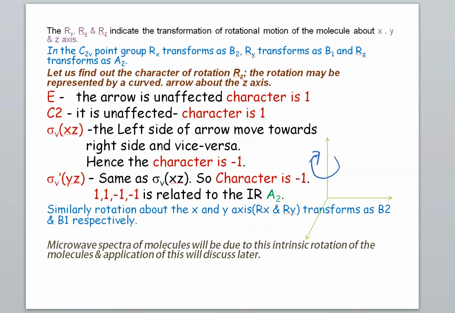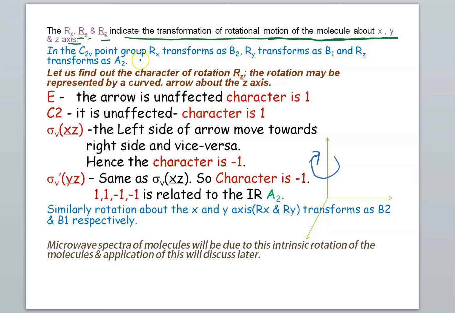Now another thing, in area 2 there are some terms, that is Rx, Ry, Rz, and they indicate the transformation of rotational motion of the molecule about the x, y, z axes.